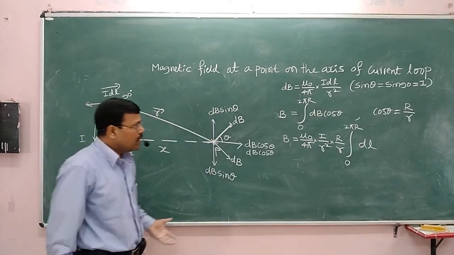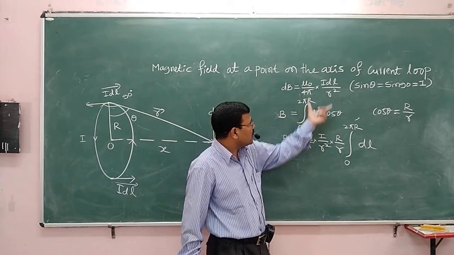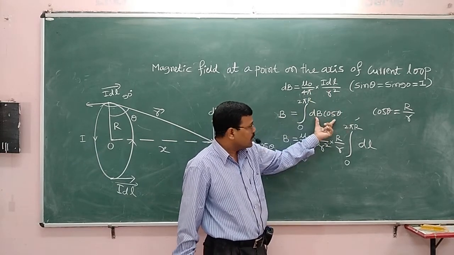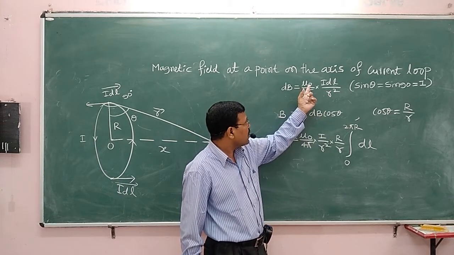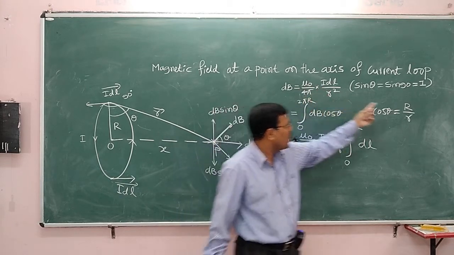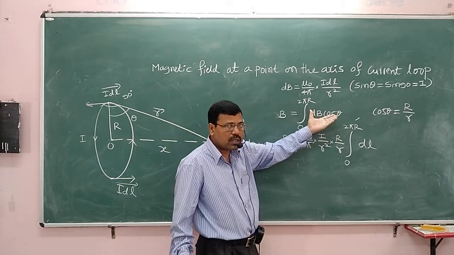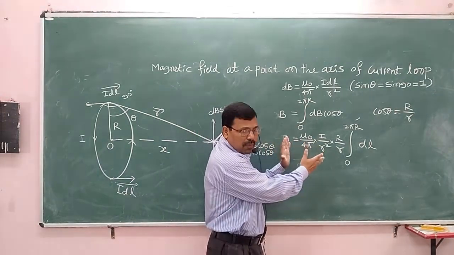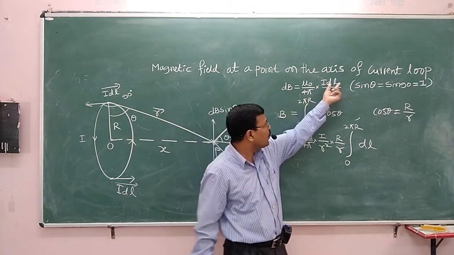This is what I have done. I just substituted the value of dV and cos theta, and the remaining terms like mu naught, I, R square, r by R, all constants, are taken outside the integration sign, and only the variable is dl here.